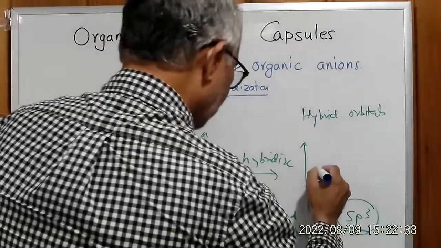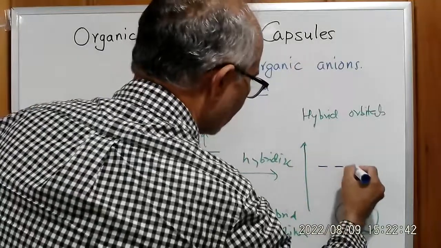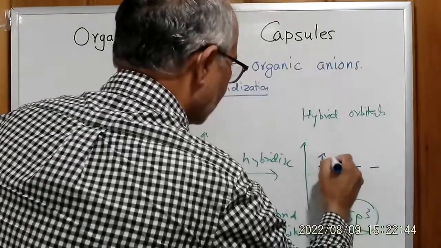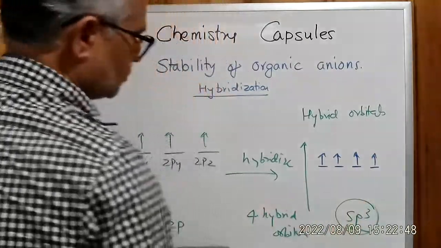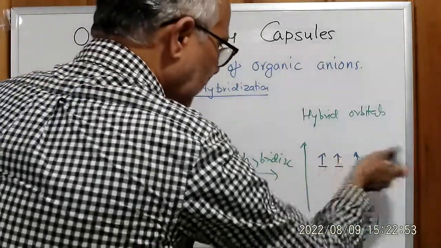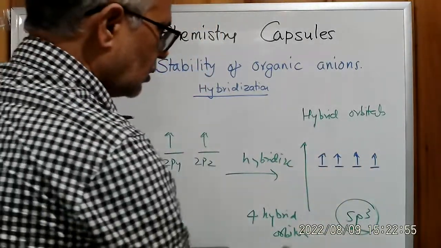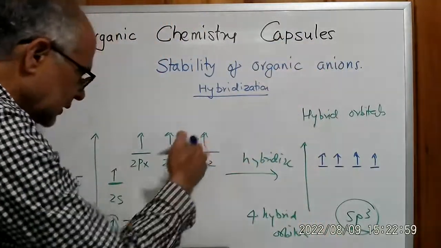So maybe we'll just write 4 sp3 hybrid orbitals. Okay. So now all electrons will have the same energy, which is in between the 2s and 2p.